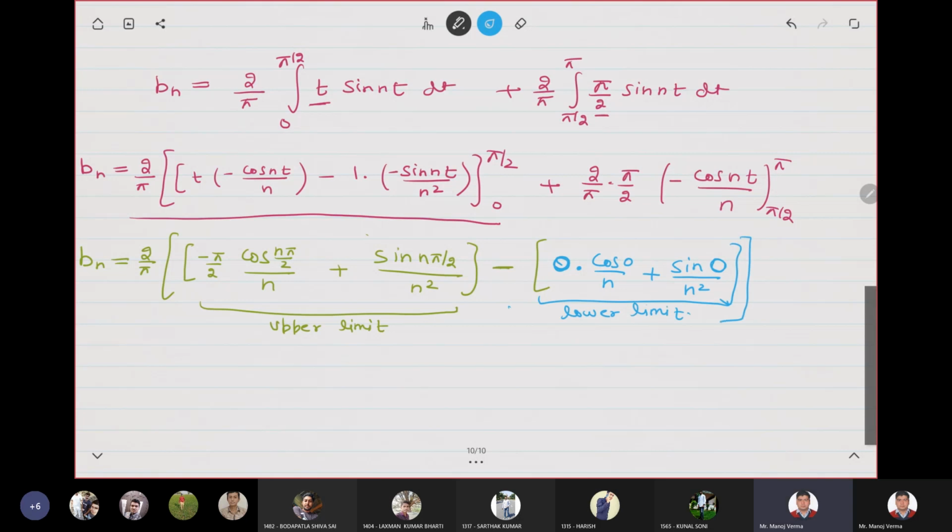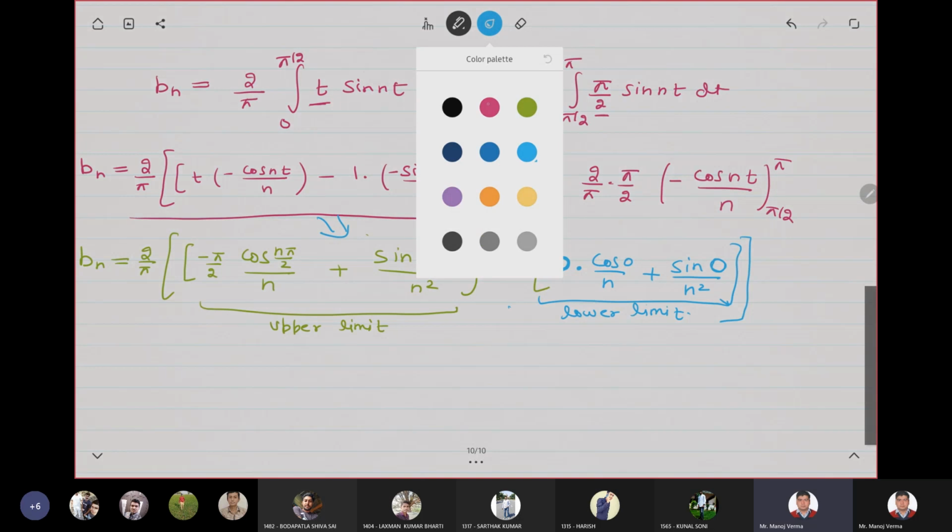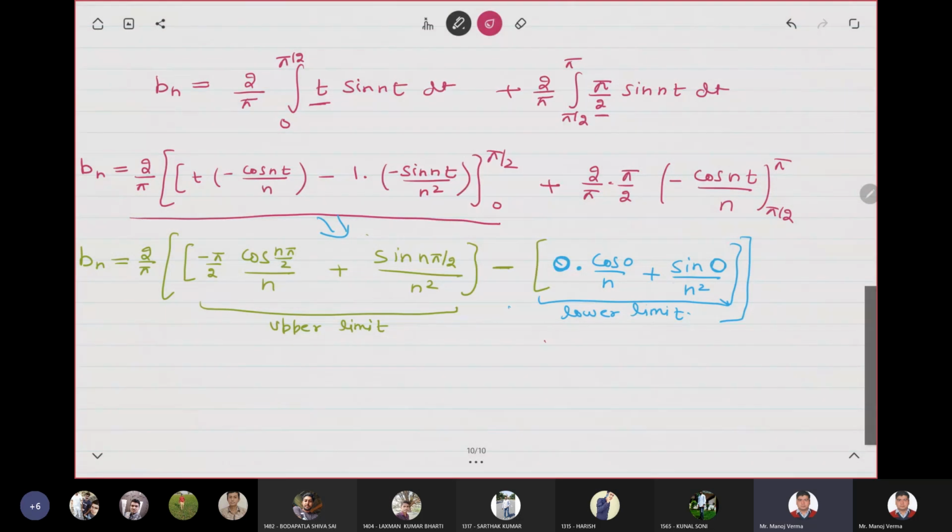And the second integral, the second expression, was quite simple. These will cancel with each other. Let's keep it positive only. Inside it will become minus cos n pi divided by n, and minus minus will become plus, plus cos n pi by 2 divided by n.